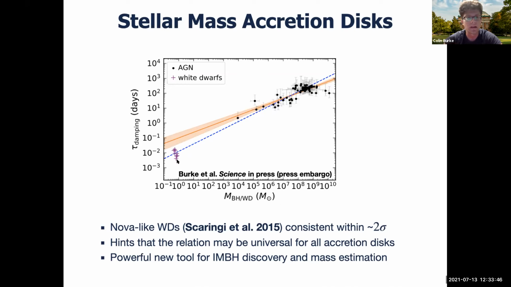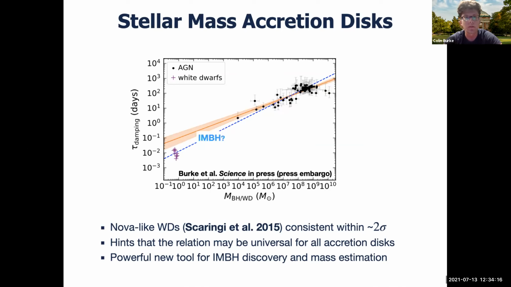But what's exciting is that this, if it holds, indicates that there might be some universal relation between the optical characteristic timescale and the mass of the white dwarf or the central compact object for all accretion disk systems, at least those that are rapidly accreting. And you'll notice there's a gap in between these.